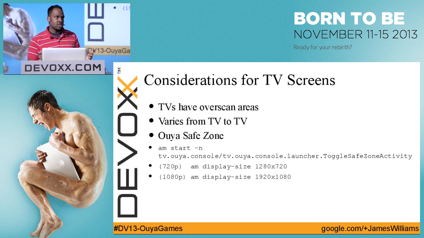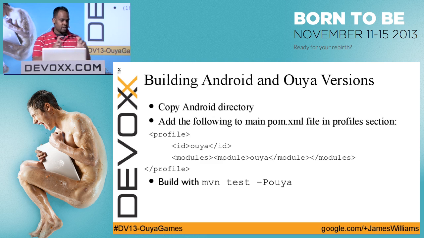Others have a good 10-20%, like if you have a CRT TV or really old plasma, you might have a lot cropped off. So to help you with that, Ouya has a function that you can run that will show you a grid over top, a little overlay to show you what can be done in Ouya and what is bad.